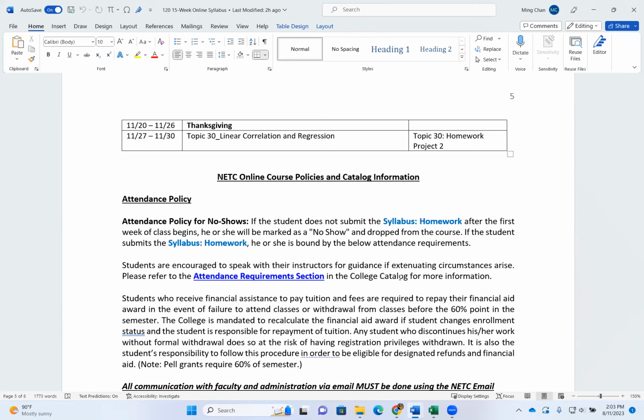So please, if you do miss a homework here and there, no big deal, make it up as soon as you can, but try not to purposely not turn in any graded assignment for 2, 3 weeks in a row. Then a student can actually be dropped from the class due to excessive absence.